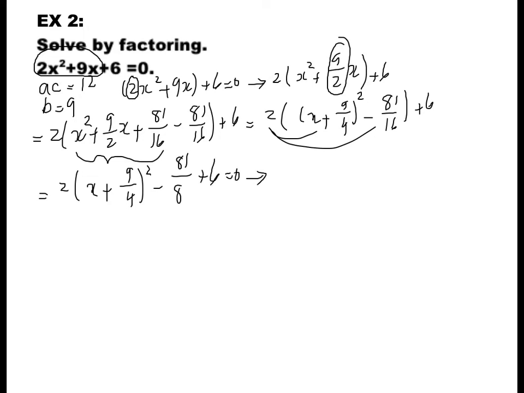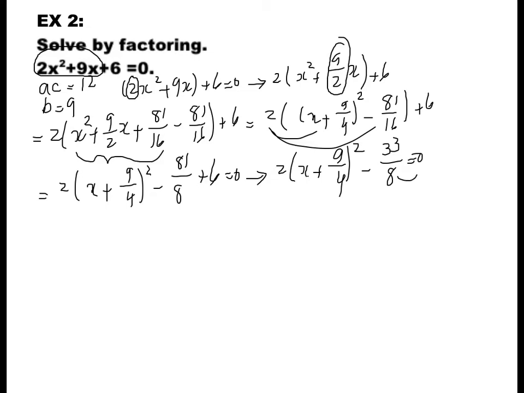Now this is going to give me 2 times x plus 9 over 4 squared, and negative 81 over 8 plus 6 is going to give me negative 33 over 8.